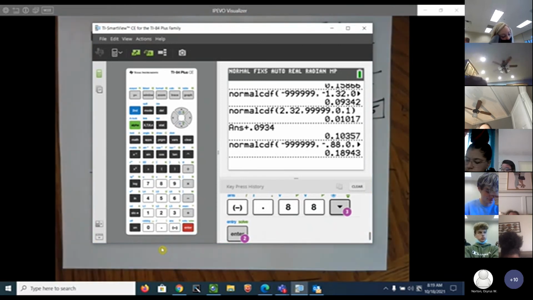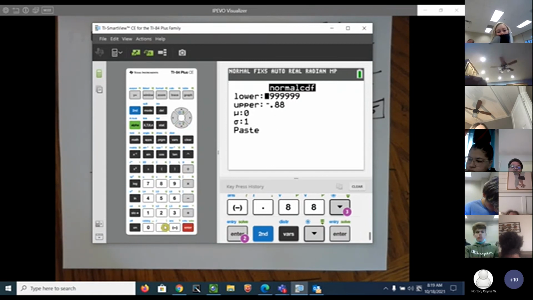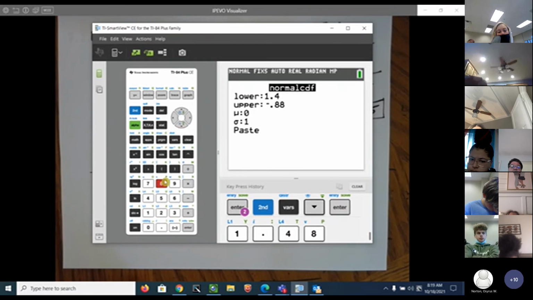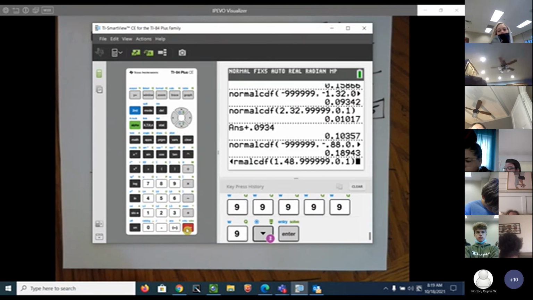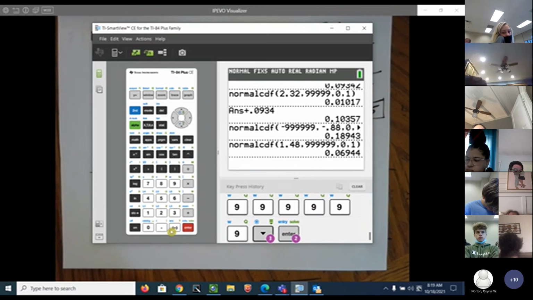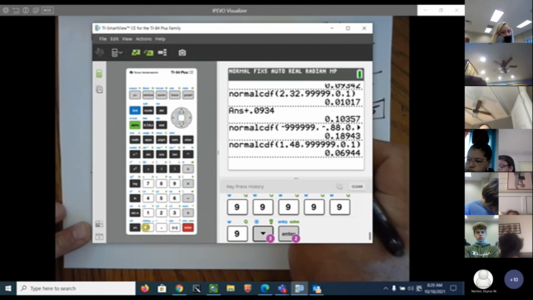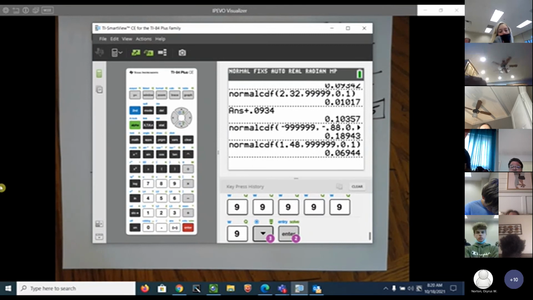Okay, let's see how the other side is. 1.48, second vars, normal CDF, 1.48 to 9999, and paste. 0.0694. Okay, that's a little bit closer to my 0.0925. Now, I guess they want to add them up again, so we're going to go ahead and add them.